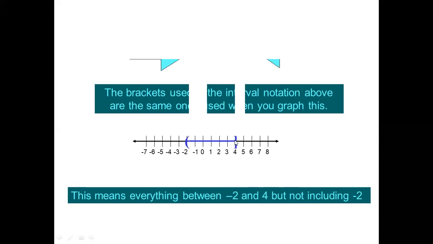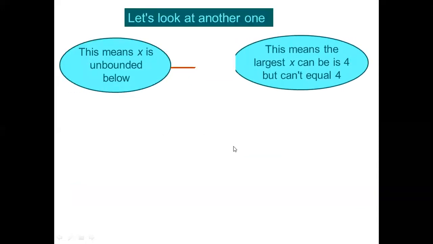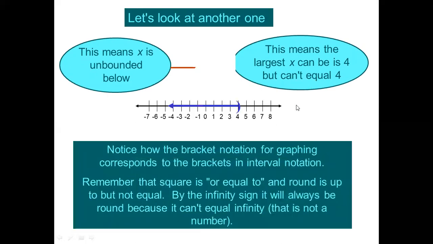This one means -2 is not included, and at the 4 end, 4 is included. So x can be 4 but cannot be -2. For this situation we will use a small bracket, which means this starting point is not inside the interval.